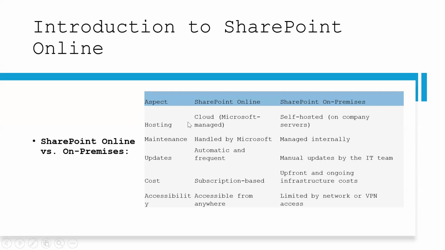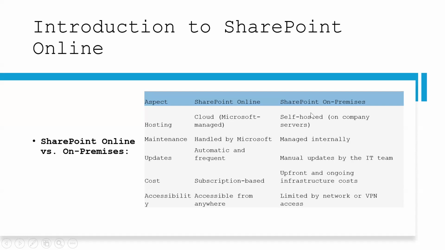Here we can see the main differences between SharePoint Online and on-prem. The hosting for online is cloud, managed by Microsoft, so we don't have access to the administration, meaning we cannot access the server.